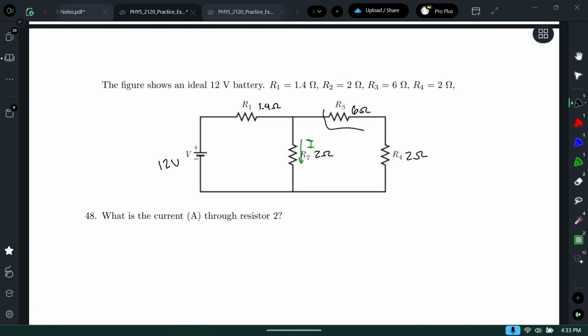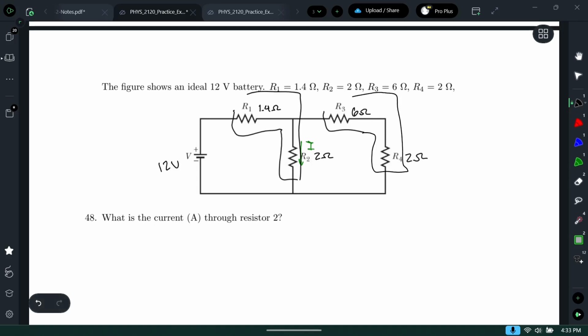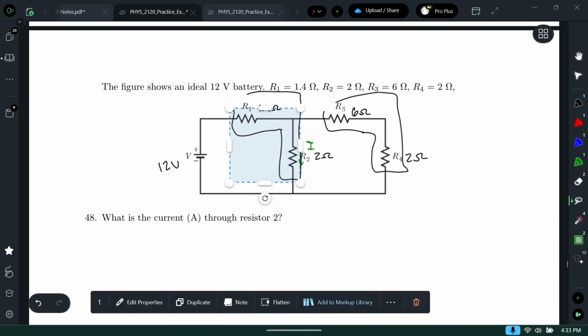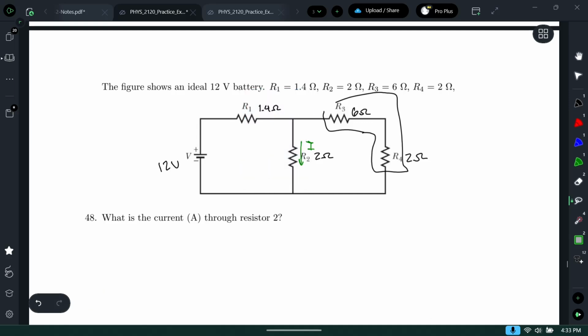My advice on that is to go for the ones that in your gut are the strongest candidates for series or parallel. Sure, it might kind of feel like those two are in series, but I know that these two are in series because there's nothing else in between to get in the way. If I start with that and then simplify my circuit down, it will become obvious what to do next.